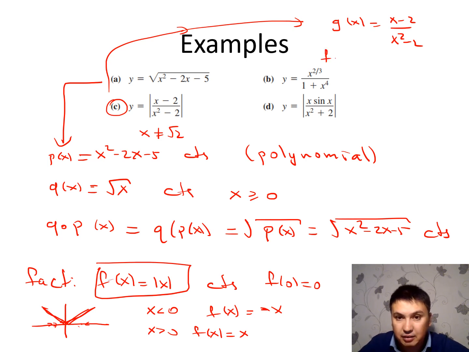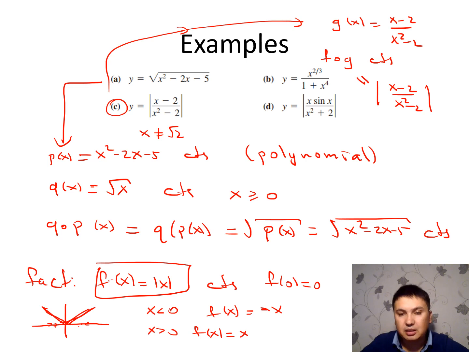Then f of g is continuous, right? By the previous theorem, and this f of g gives you the absolute value of (x minus 2)/(x squared minus 2). With a similar approach, you can also show that sine of x is continuous, cosine of x is continuous, etc.